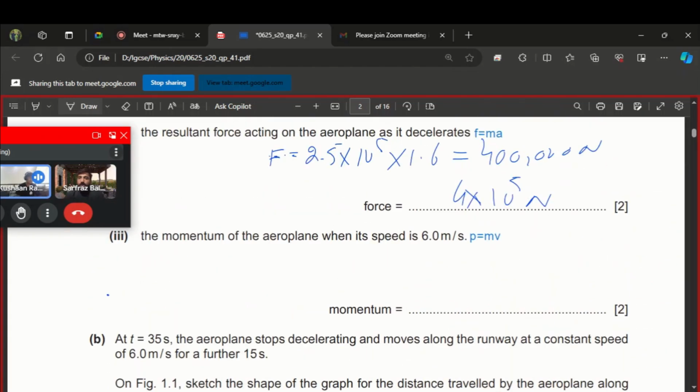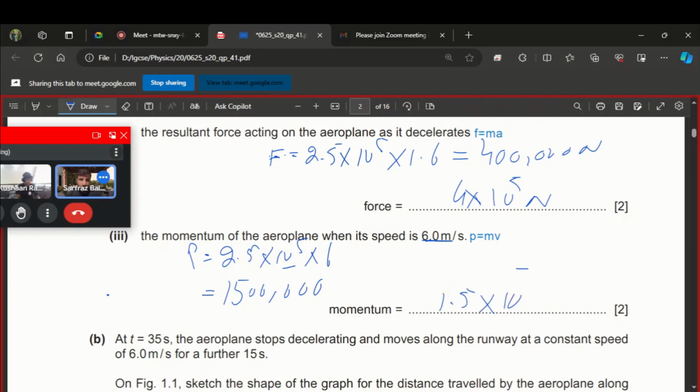Very good, 2.5 times 10 raised to the power 5, and our velocity is given in the question, which is 6. So just multiply and we get 1,500,000. So it will become 1.5 times 10 raised to the power 6 kilogram meters per second.